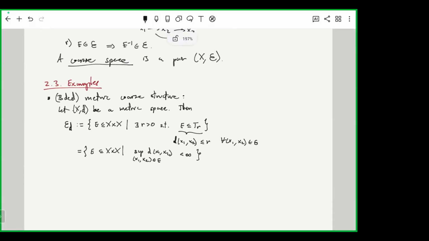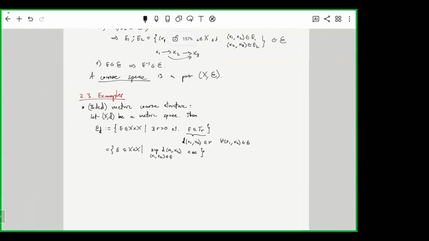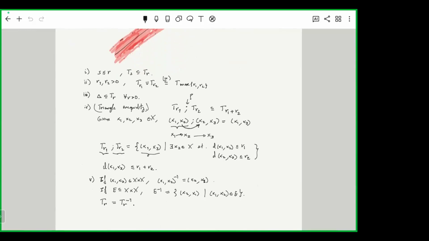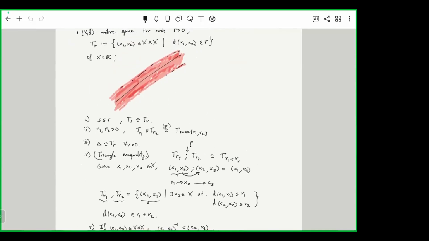Okay, so if you see our intuition before with tubes, the properties that we were looking at are not exactly those of the coarse structure, but if we take all possible subsets of the tubes, then we get a coarse structure.